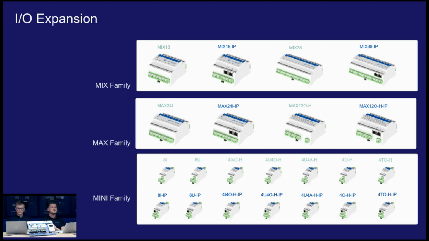The same goes for the Max family, with a specific type of input or output, like the Max 24i with 24 digital inputs, and the Mix family, which can greatly expand the capabilities of the RAC18 with up to 38 inputs and outputs. Altogether, it makes 22 different types of IP and RS485 I/O modules that can expand the capabilities of the RAC18 controller and not only.